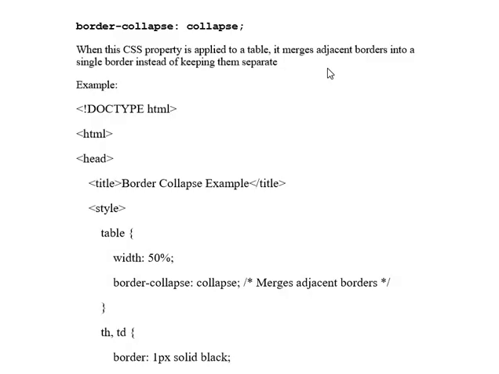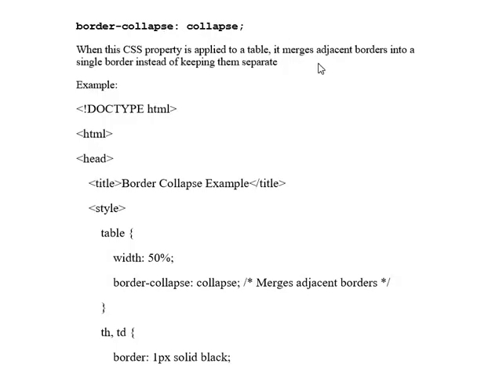So the border attribute of the table, when we are using, by that we are defining a border for every table cell, and a separate border appears for each cell. If you want to merge these borders of the adjacent cells into a single border, then you can make use of this CSS property called border-collapse: collapse.